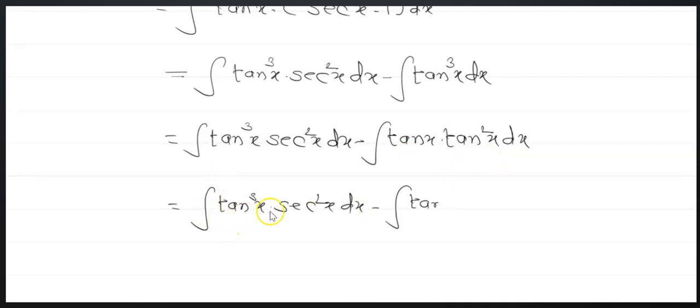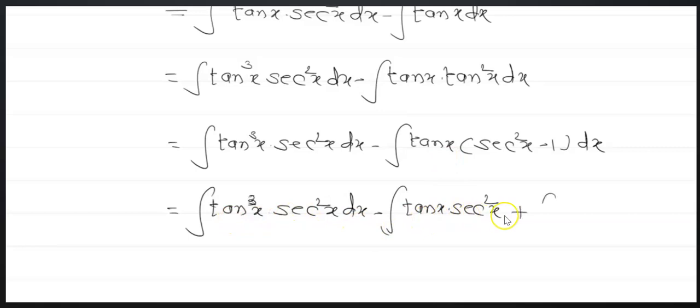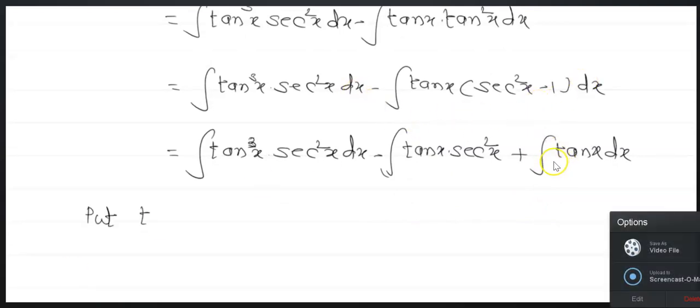Here is integral tan cube x into sec square x dx minus tan x, and again here tan square x can be written as sec square x minus 1. Here is again integral tan cube x into sec square x dx minus tan x into sec square x, and this minus minus will become plus integral tan of x dx.